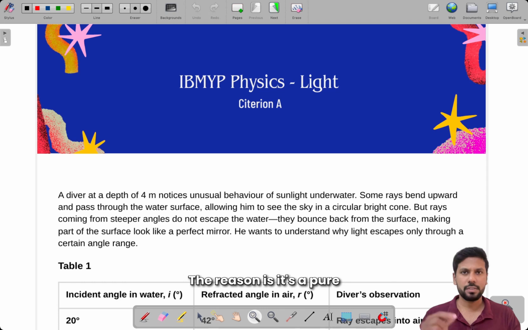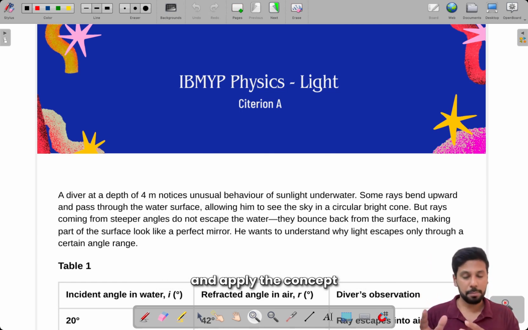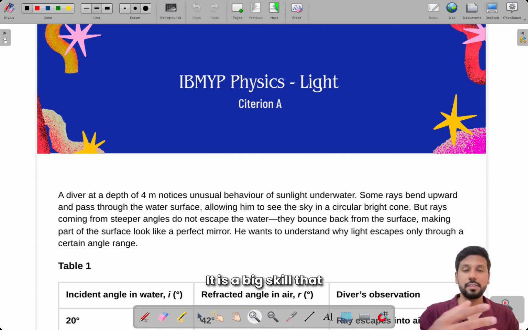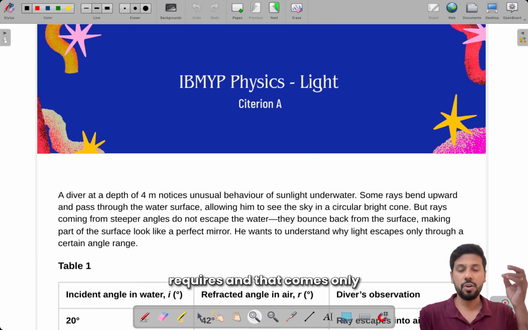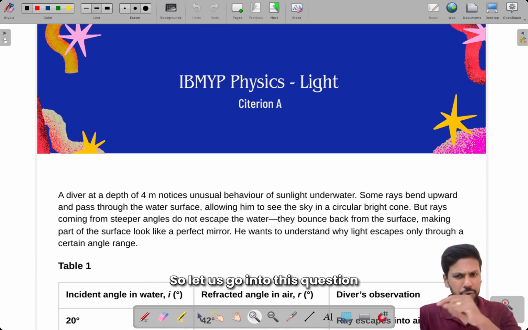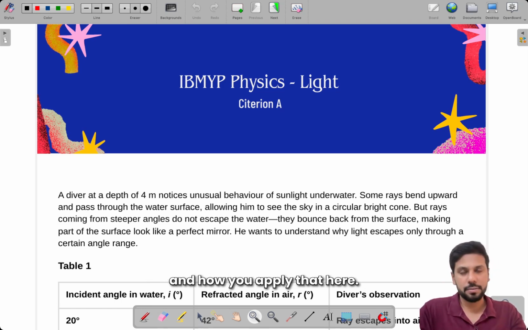It is pure application, and you have to apply things in the formula properly. Applying the concept in that formula properly is a big skill that comes only with a lot of practice. So let us go into this question and understand what formulas are involved and how you apply them here.